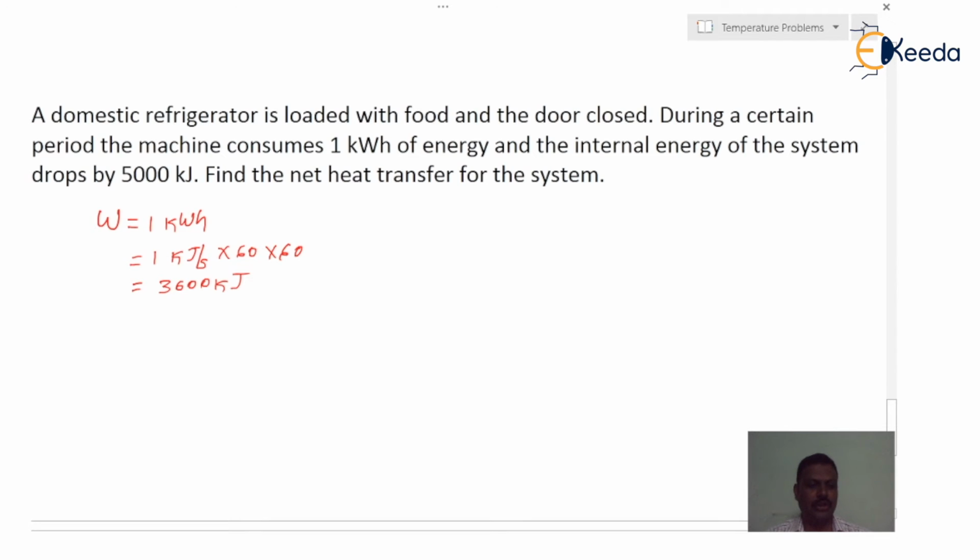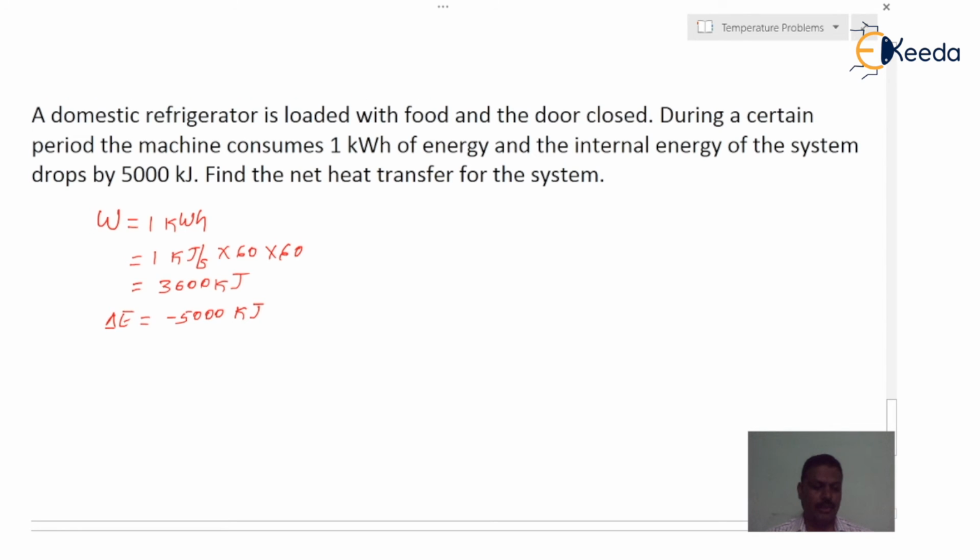In doing so, the internal energy is dropped by 5000 kilojoules. So here delta E is minus 5000 kilojoules.